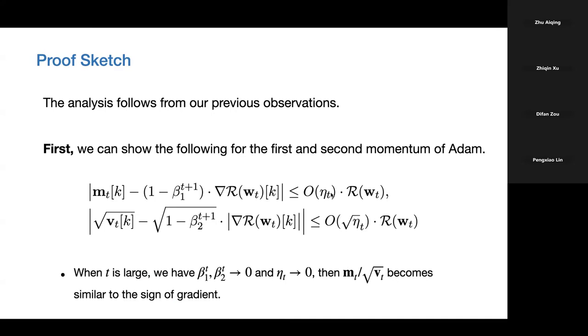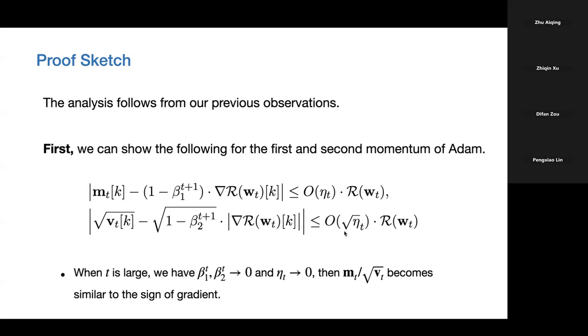And this is also true for the second order momentum, where we hope that V_t will be very close to the square of the gradient. This is also governed by the learning rate: if the square root of the learning rate is small, we can also show that the difference between the approximation of the second order momentum and the gradient square is very small.